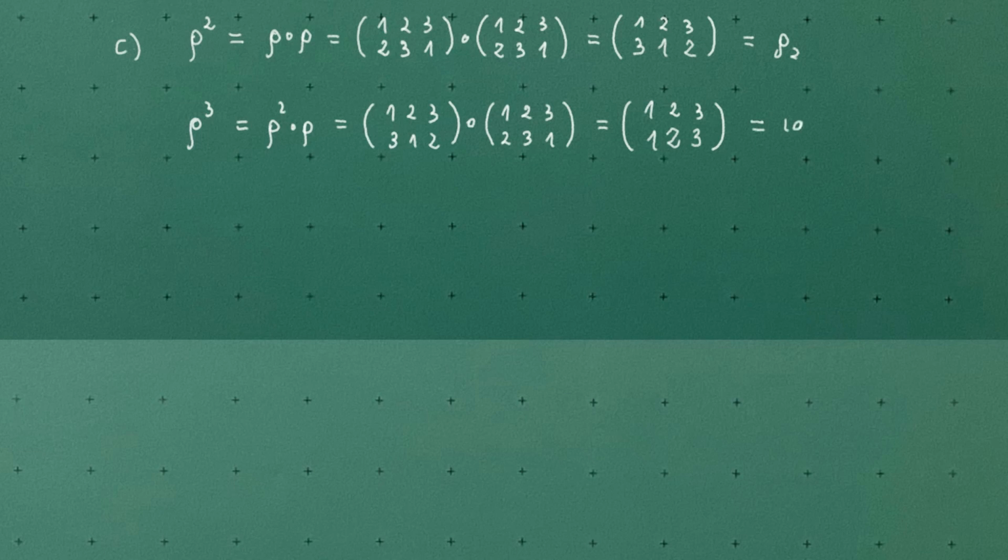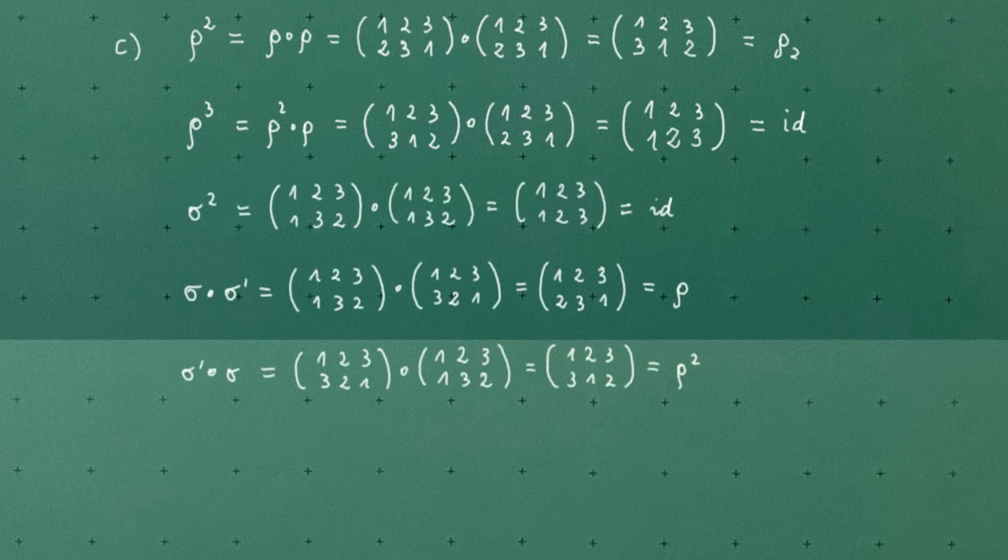And this is the identity, which again geometrically is clear, because here we rotate by 120 degrees followed by a rotation by 240 degrees. This is of course the identity. Rotating by 360 degrees does nothing to the triangle.